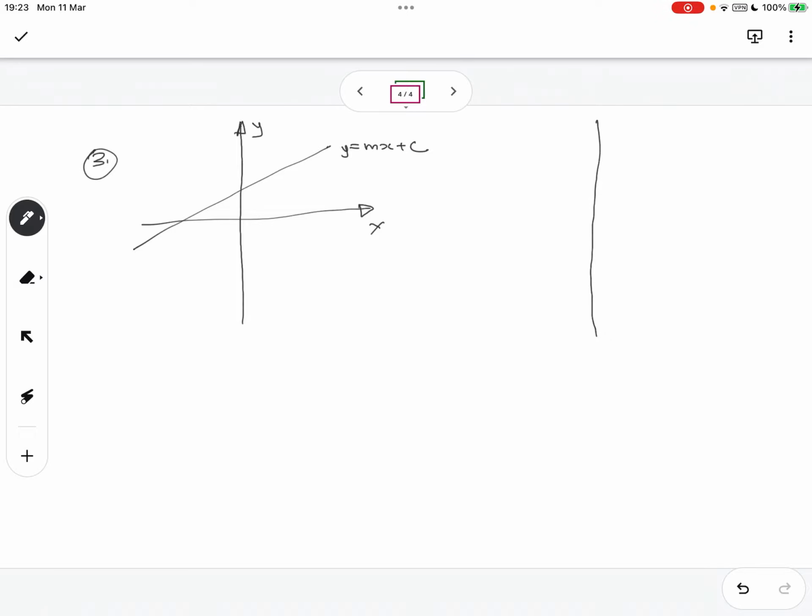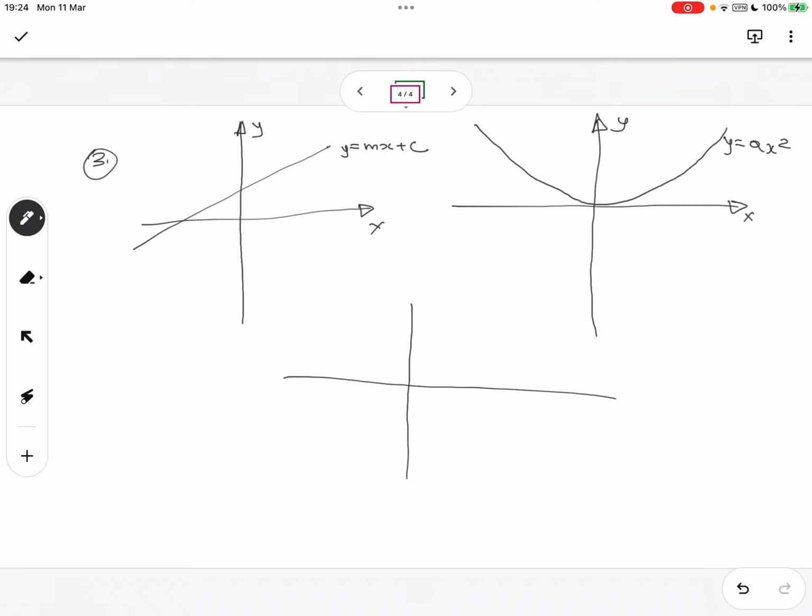And let's say also we've got a quadratic function, y equals ax squared. And we've also got an exponential function, y equals b to power x.